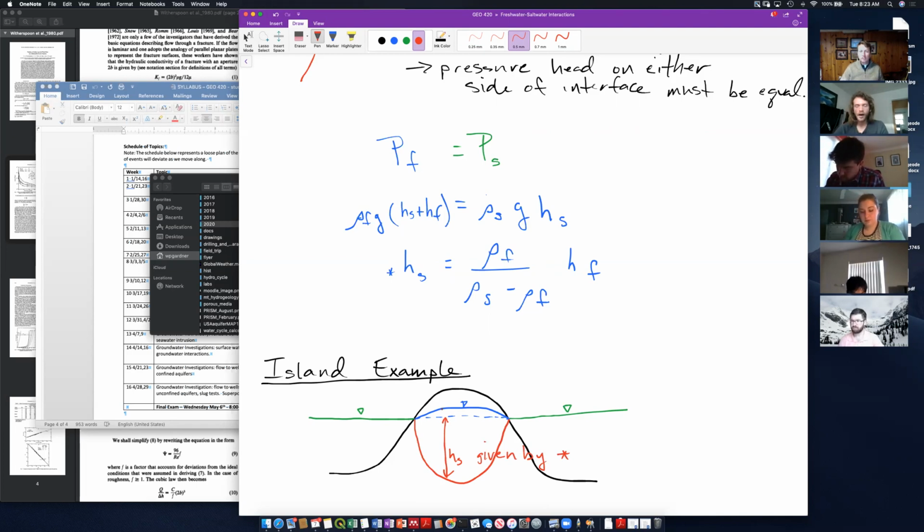All right, so this water here is called the freshwater lens. And it sits on top of this body of salt water. All right.